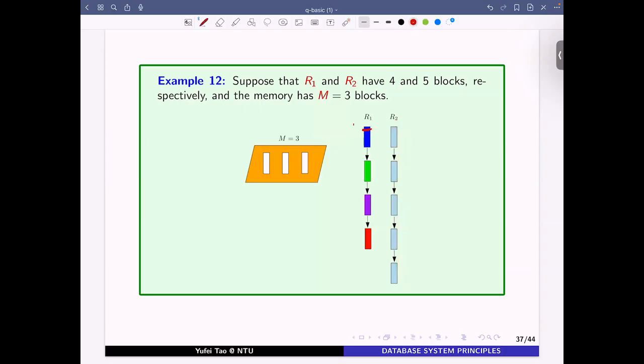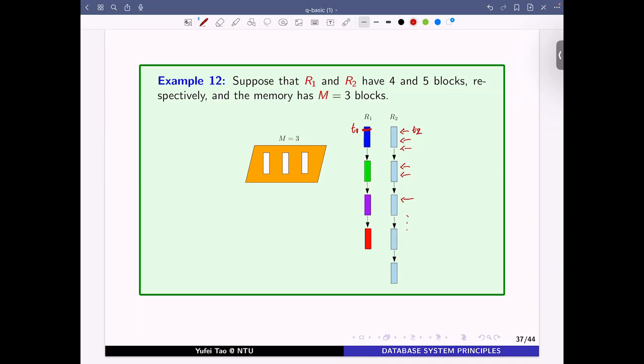Let's say this is T1, and then you use T2 to go over all the tuples in R2. Every time T1 and T2 appear in the memory, you perform a handshake. When I say handshake, I mean you concatenate T1 and T2, and you output the concatenation. So this is the basic idea.